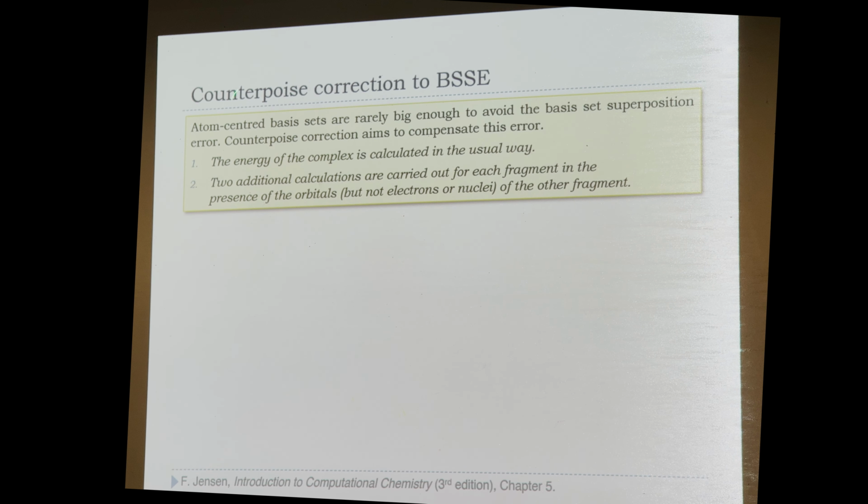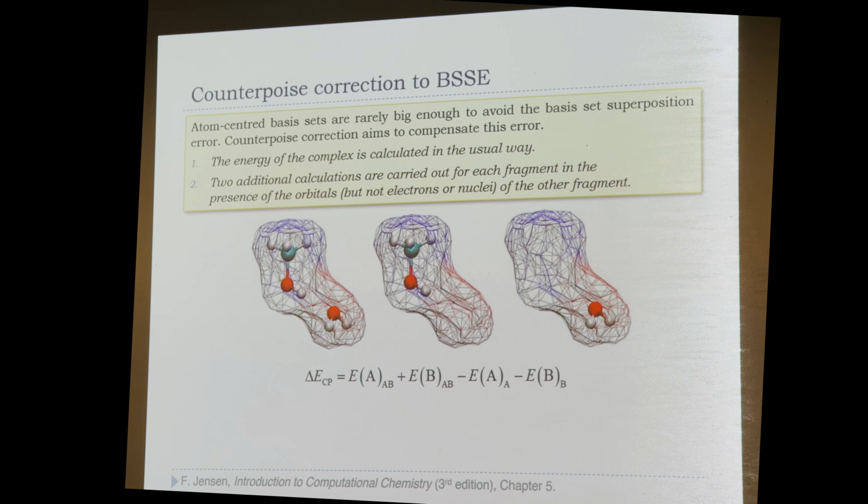You can correct at least the basis set superposition error in the following way. You calculate the energy of the two molecules together, so let's call it a complex, but then you carry out two additional calculations which take into account the basis set superposition error. So for example, you have this methanol here and you have this water. And you know that apart from the genuine hydrogen bond in here, you would have the basis set superposition error.